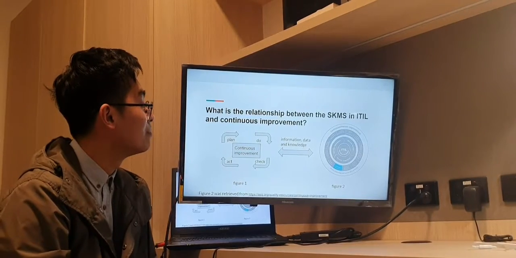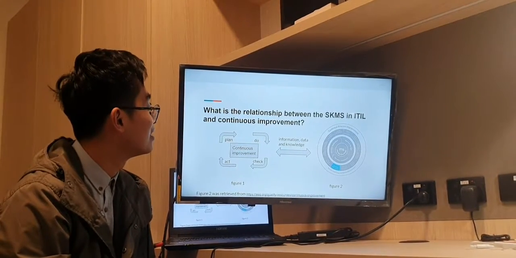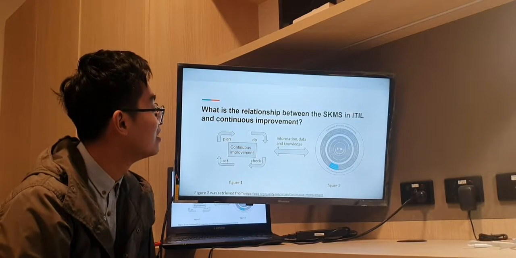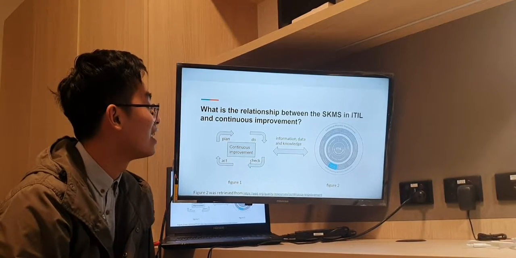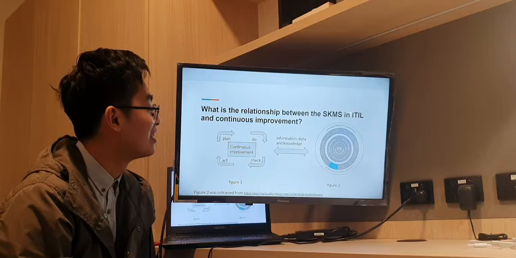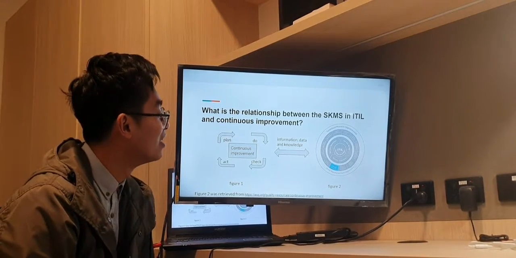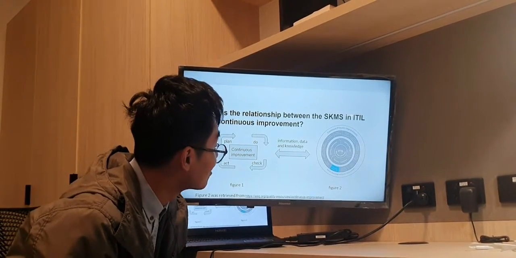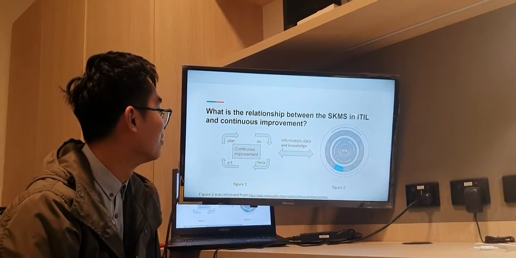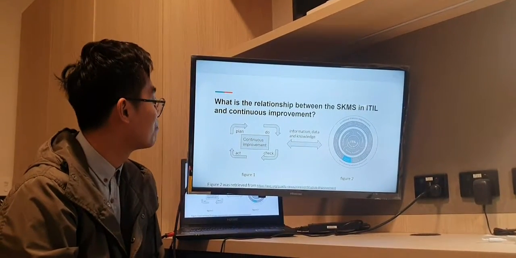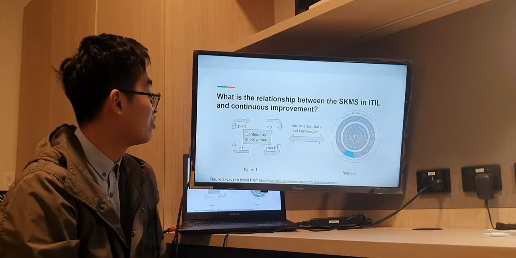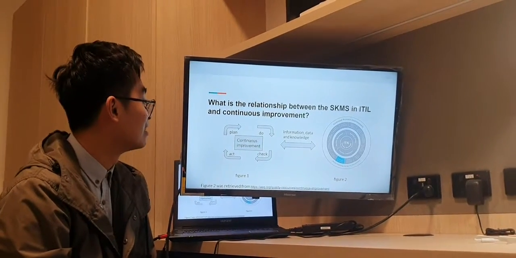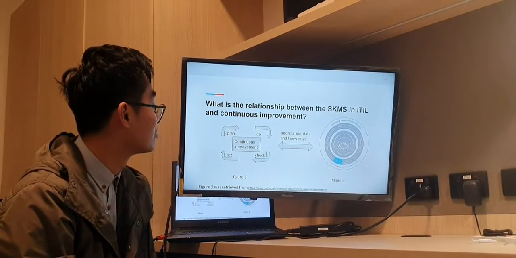The relationship between the SKMS and continuous improvement. Let's first say the SKMS, which is the Service Knowledge Management System, is under the service transition part of ITIL. And continuous improvement can be divided into 4 parts, which are plan, do, check, and act.